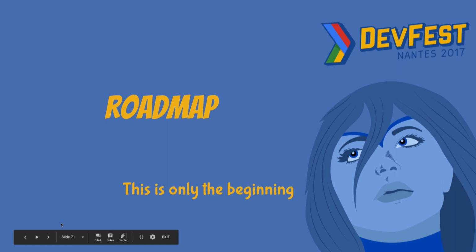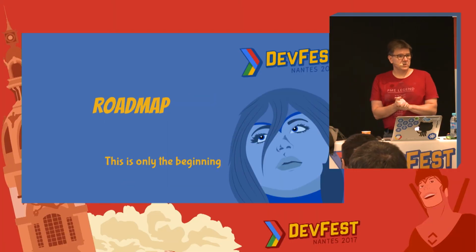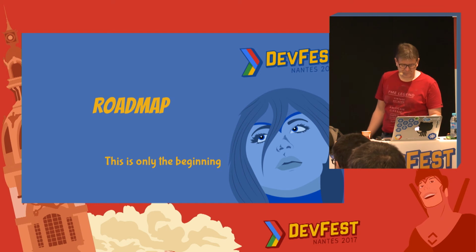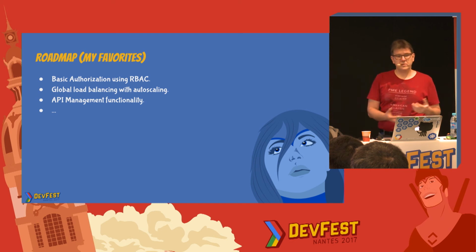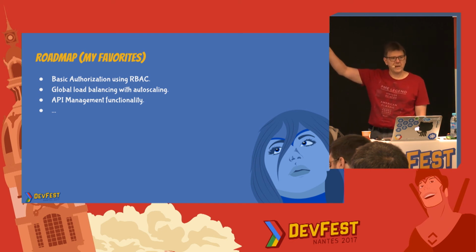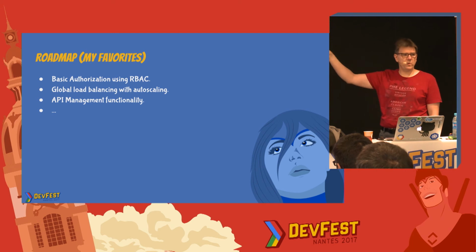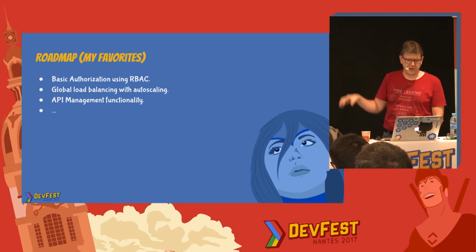So, the roadmap, because it is just the beginning, like basic authentication to make Istio aware of the user. You actually already can force Istio to be aware of what the user is due to the headers.